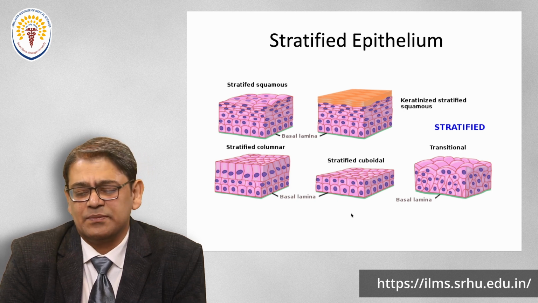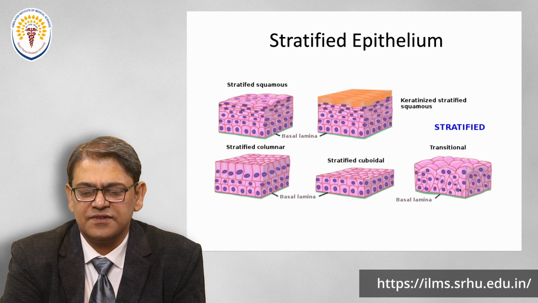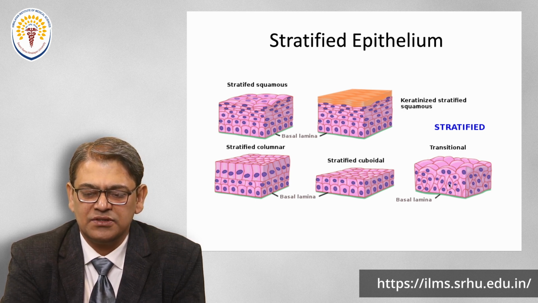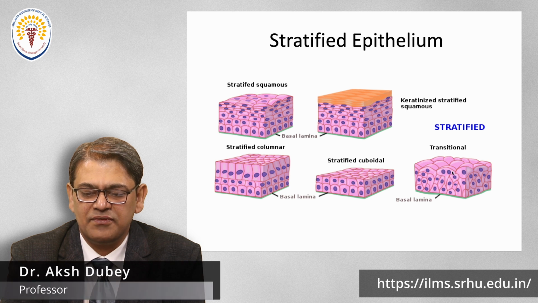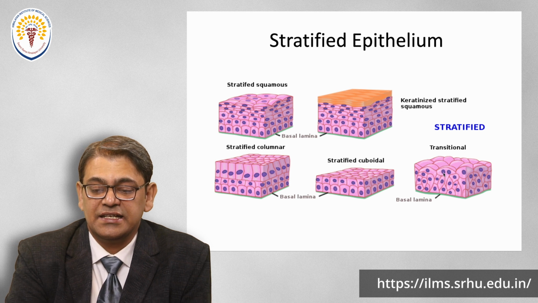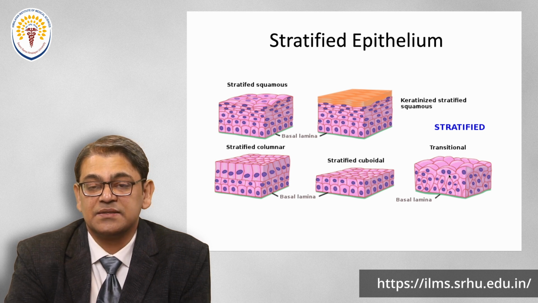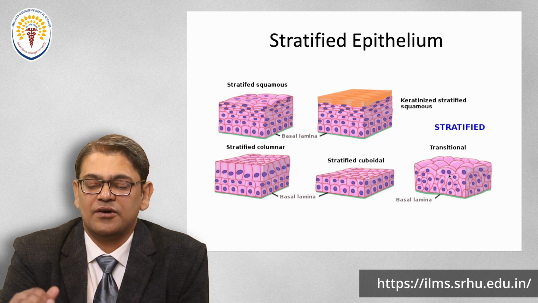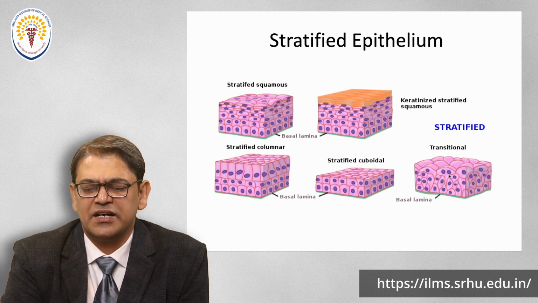One epithelium is very interesting, and that is transitional epithelium. Here on the baseline we see short columnar cells, then polygonal cells in the middle, and above a very special cell named umbrella cells. These umbrella cells have two nuclei and cover the top, so it is a 3 to 5 layer structure.